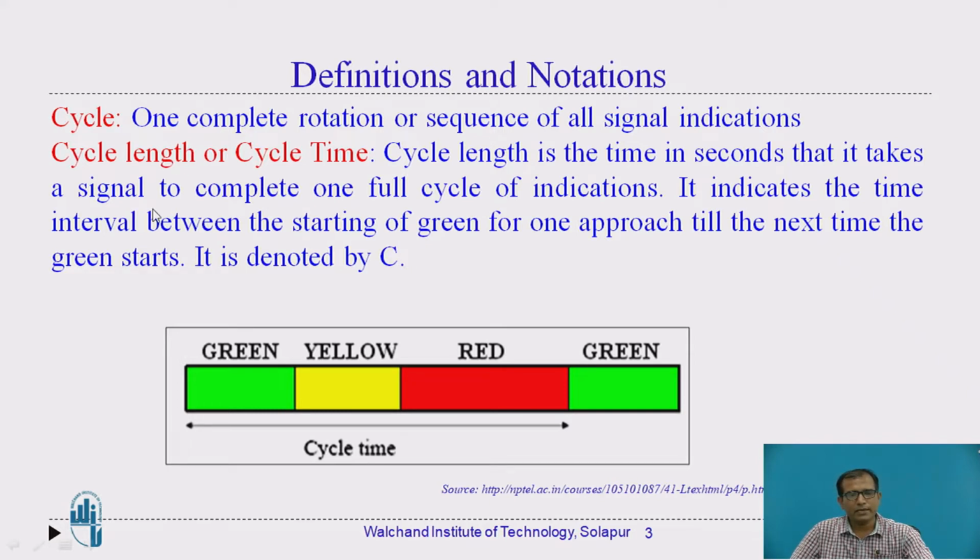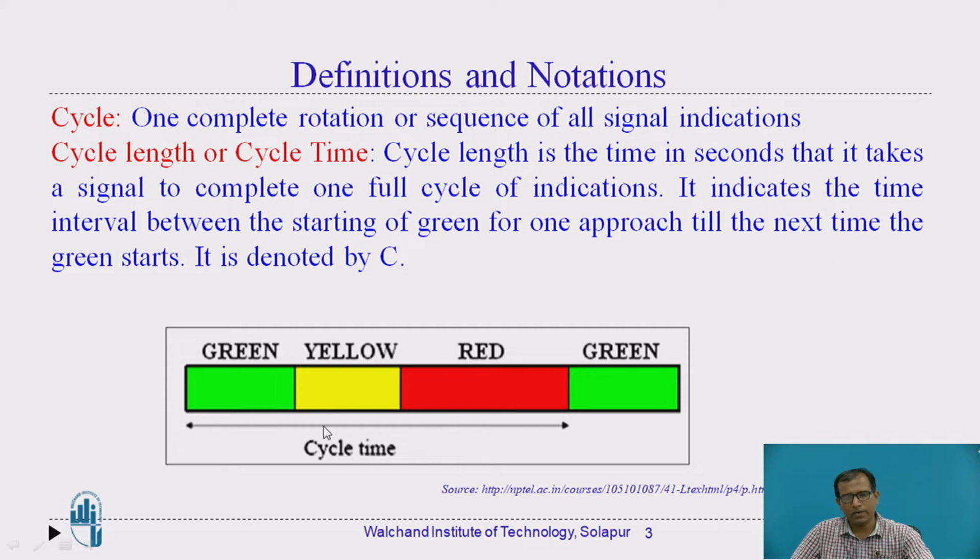What is a cycle? It is one complete rotation or sequence of all signal indications. If you go to any signal, you will see one complete cycle, from the start of the green to the next start of the green, or the start of the green to the end of the red signal. That includes green, yellow and red.